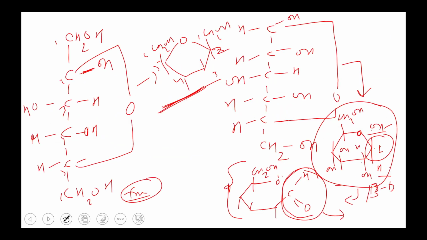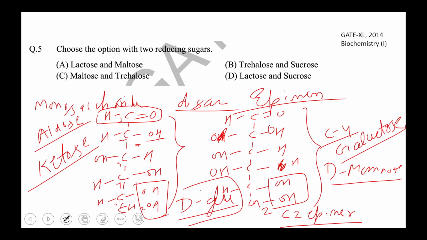Okay, so let's go and see our options. We have these four options, four combinations. In case of lactose and maltose, lactose is a combination of galactose and glucose, and in galactose and glucose also we have a 1,4 glycosidic linkage.